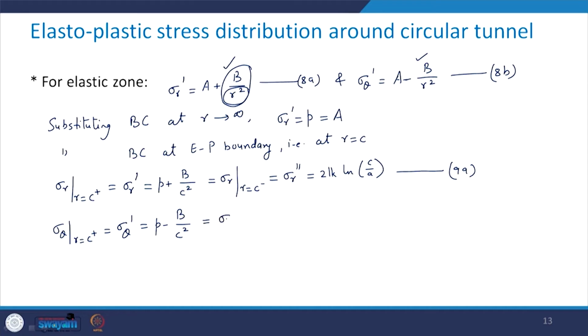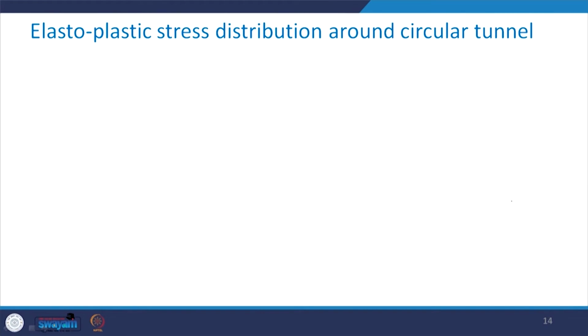This is equal to sigma theta at r is equal to C minus, which is equal to sigma theta double prime, and this is going to be 2 kappa 1 plus ln C upon A. This is 9B. Okay, so this is how we obtain the expression for sigma r double prime, sigma theta double prime, and the respective stresses in the elastic zone as well.